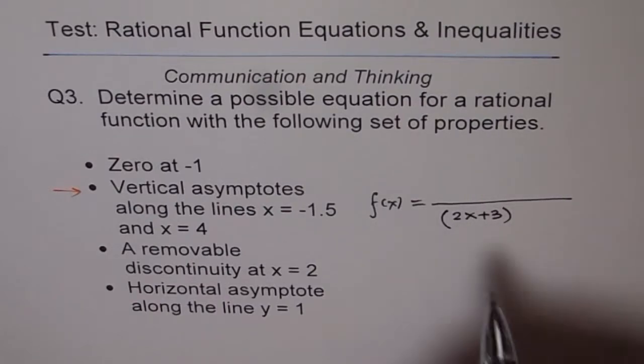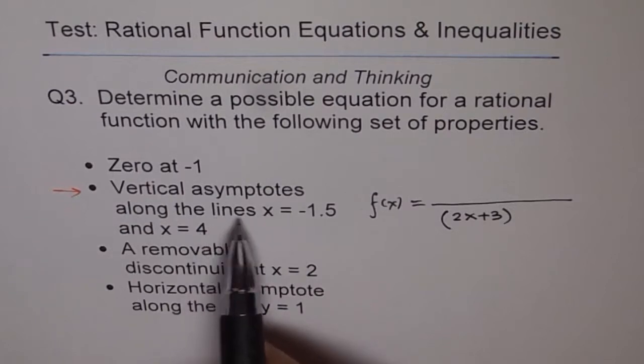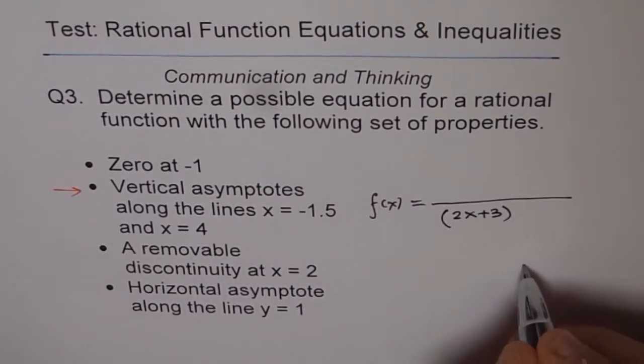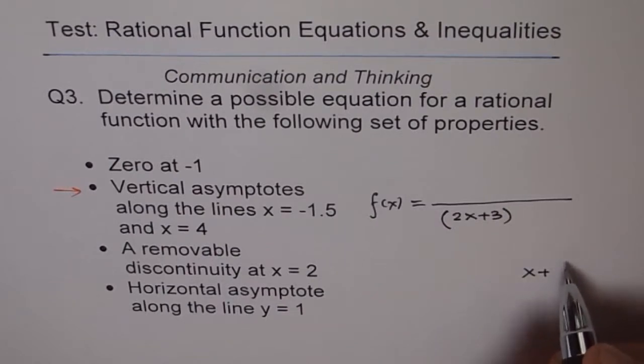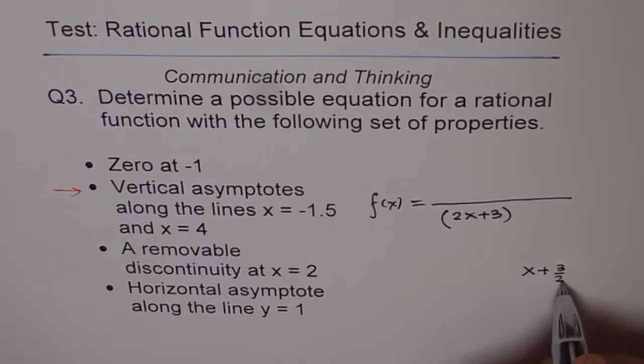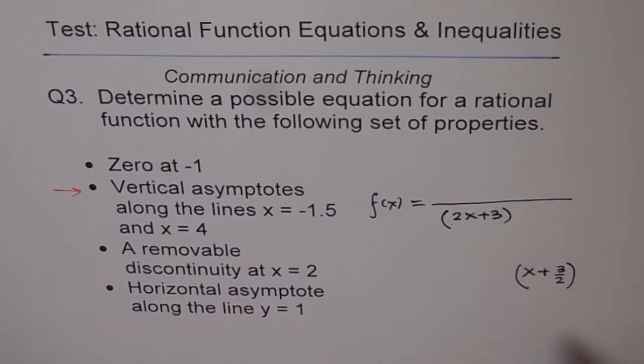Let me show you some rough work. For a vertical asymptote at x equals -3/2, my factor is x plus 3/2. It's good to write in fractions. So x plus 3/2 is our factor, so I can write 2x plus 3. That is how I get my 2x plus 3 factor.